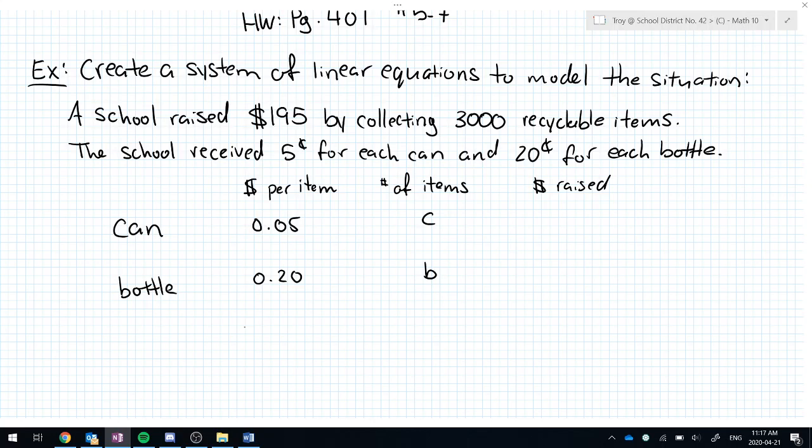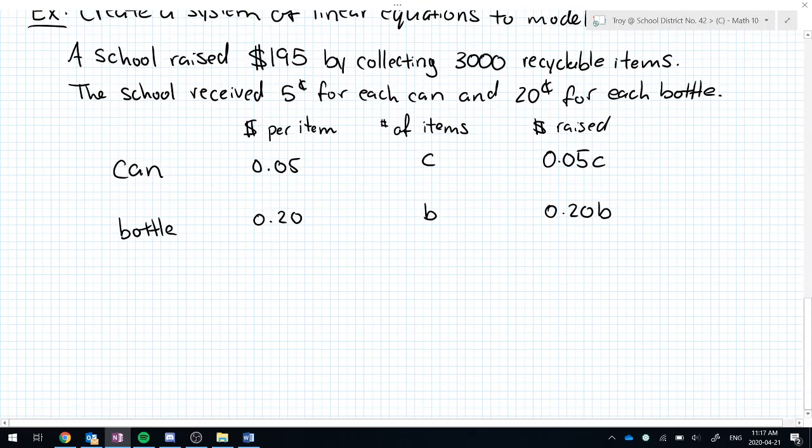The amount of money we get from cans is going to be 5 cents times how many cans, and likewise 20 cents times how many bottles we are recycling. Then we put our totals down here: 3,000, and 195.